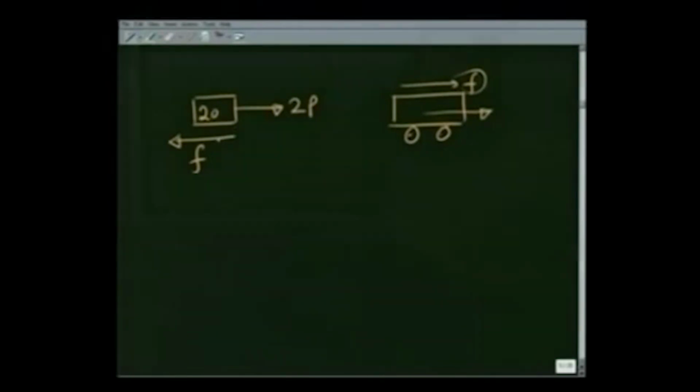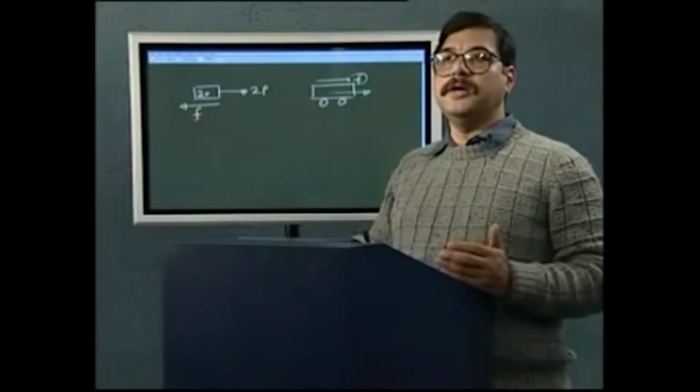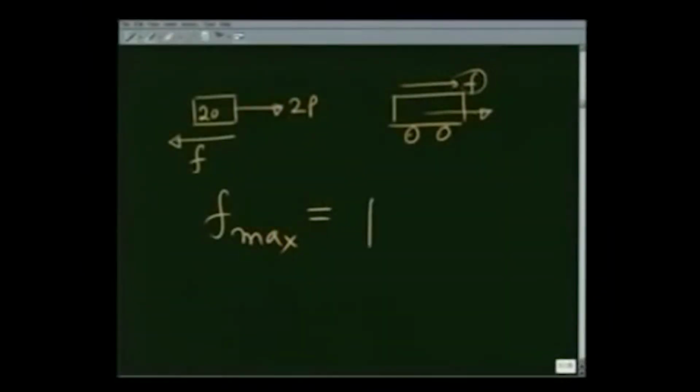Let us see what p I should apply so that they don't slide. That would happen when F is maximum possible. Let us calculate what is F maximum possible, that is mu mg. Mu is given to be 0.5, m is 20 for the upper mass, mg.